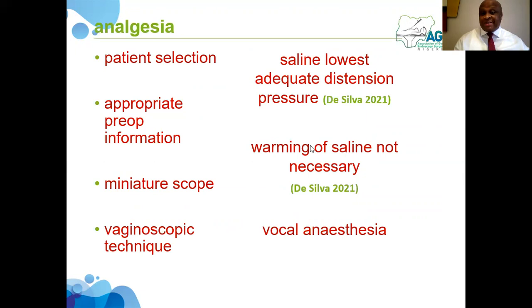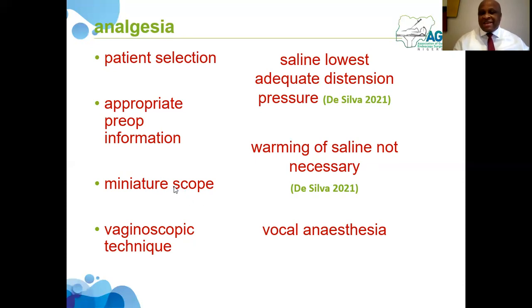So therefore, if you want a successful outpatient hysteroscopy service, you've got to select your patients carefully. The patient who is not coping with a speculum in your clinic is not the one for outpatient hysteroscopy. You must provide adequate information pre-operatively that the patient will take home and read so they know what to expect when they come in for the procedure. Such patients who are well informed tend to cope better.